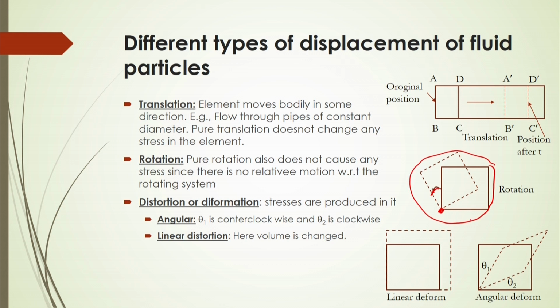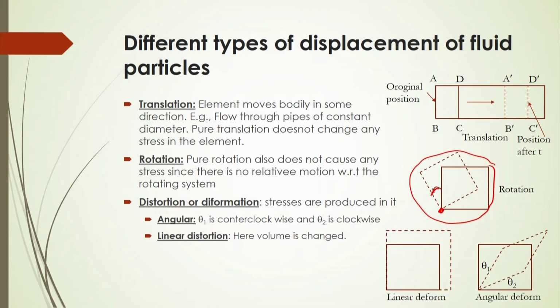Distortion or deformation: in this case, stresses of course will be produced, and we can get two types of distortion. One is angular distortion, which is represented by theta, an angle made based on the stresses.